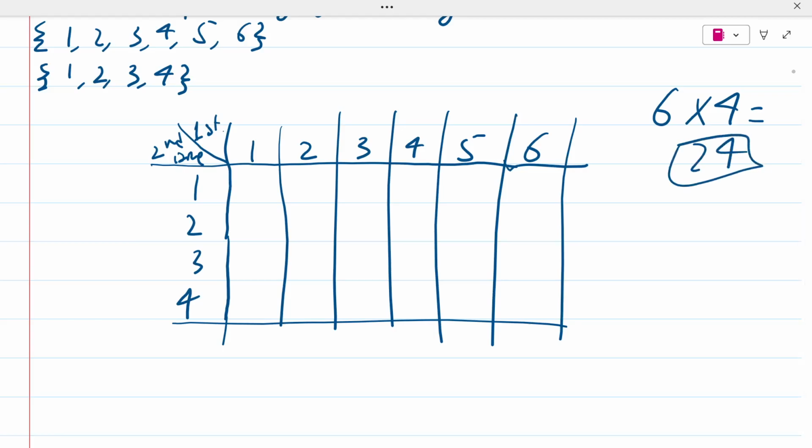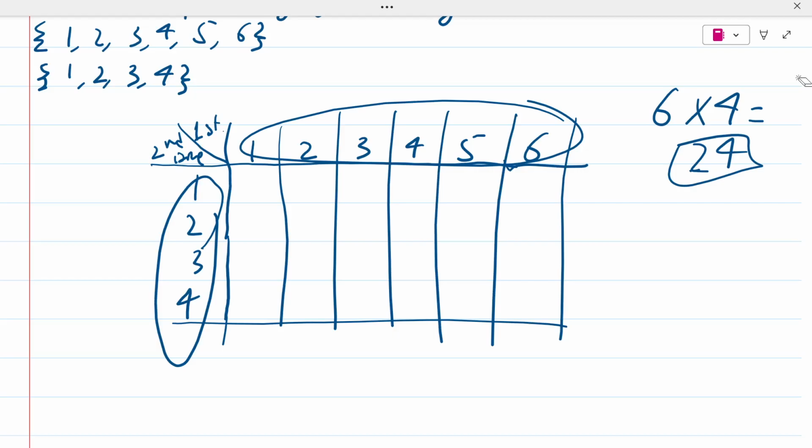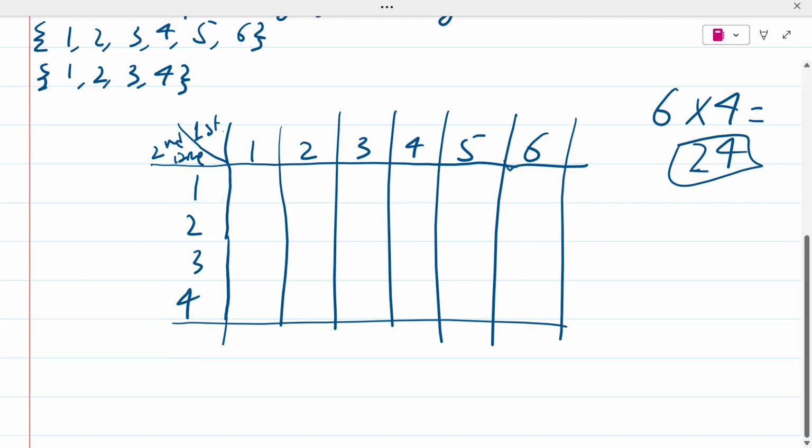So the total number of outcomes is 24. That could have been like A, B, C, D. It doesn't have to be numbers, right? But the total number of elements in here multiplied by the total number of elements vertically over here. This is what I mean, okay? So our total outcomes is 24.